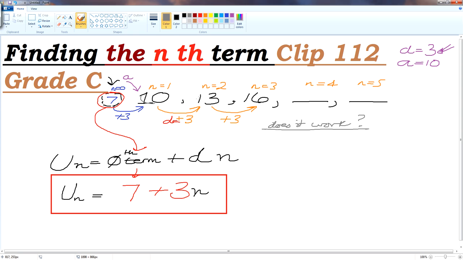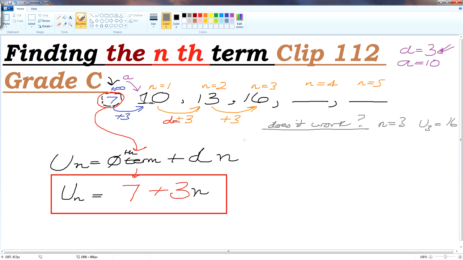Second one is, and the third one is, so if I put 3 into my formula here, I should get 16, shouldn't I? Because this rule that we made generates the answers. So when I put 3 into what we think is the correct rule, we should get out 16. So n equals 3, so u of 3, the third term, should give us what? 16, isn't it?